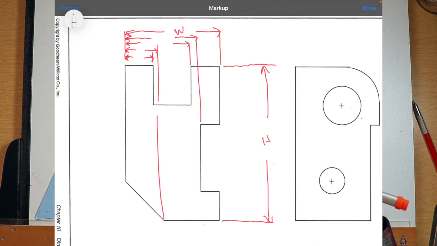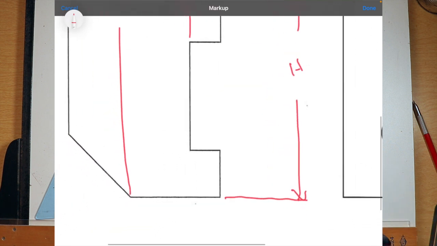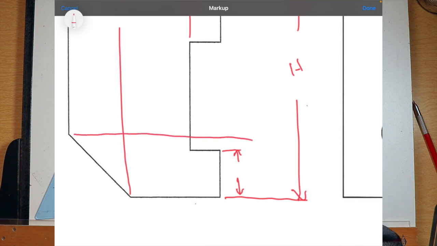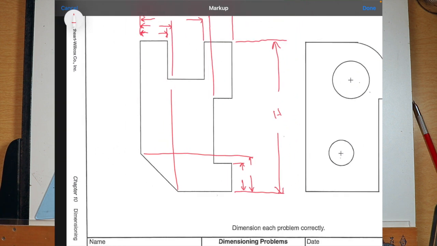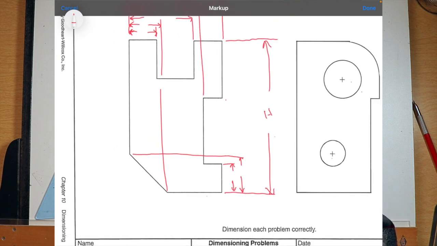Now I'm going to work my way from the bottom to the top and try to figure out what height dimensions I'm going to need. I need this first dimension here. Looking up, I also have the angle, so I'm going to need this. I'm going to need the height of this notch, so extend off.